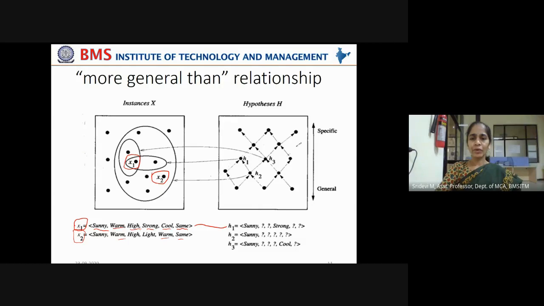H1 from x1, we can make this hypothesis: sunny and strong. Let us keep it specific, and let these other values be anything which are acceptable by your friend to enjoy the sport. That is why he is specific only with the sky condition and the wind speed. In other cases, he is not bothered. Whatever is the condition, he'll enjoy the sport. That is the first hypothesis, which x1 will satisfy.